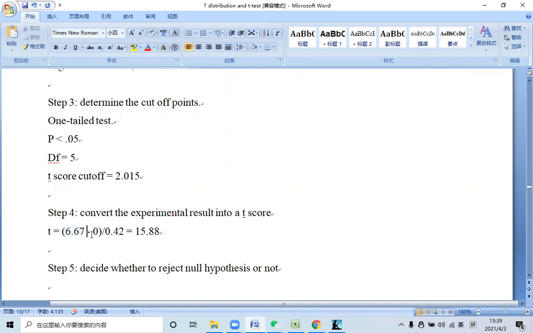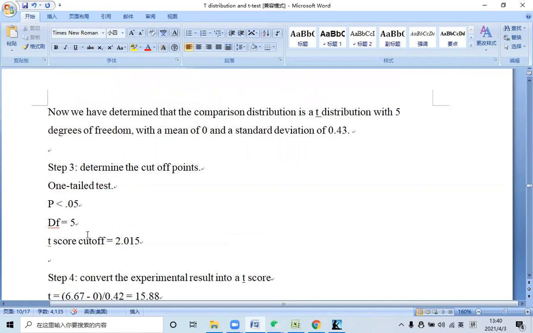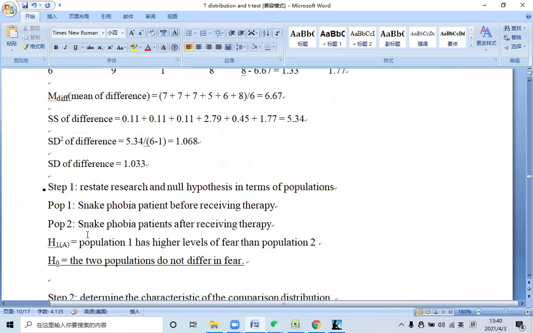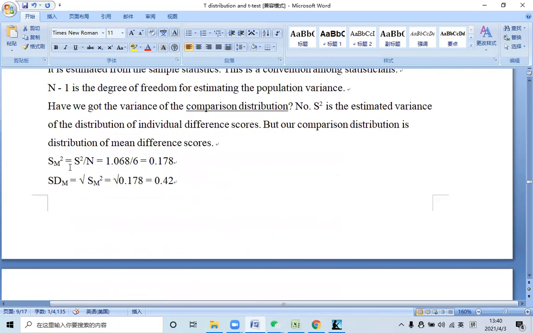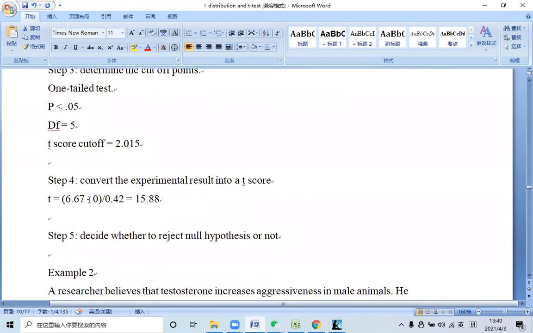Your sample difference, the average difference score in the sample, we calculated as 6.67. That's how much improvement people made on average among these 6 people. And you subtract 0.